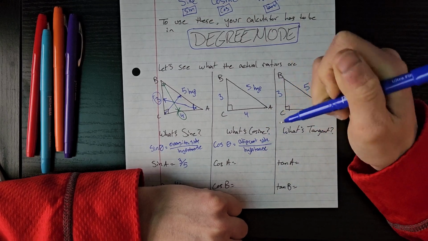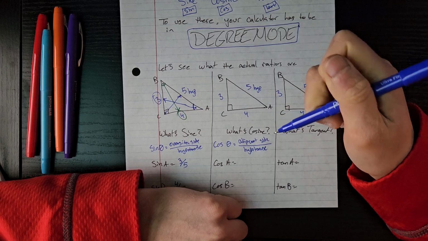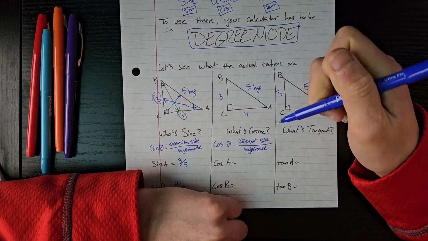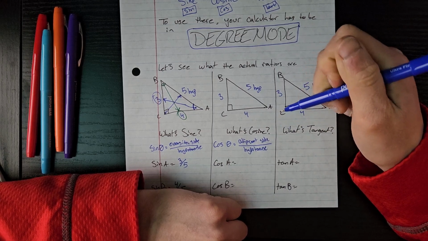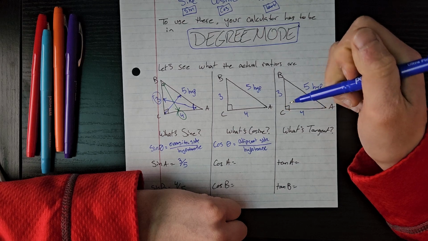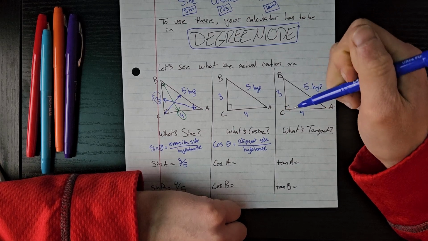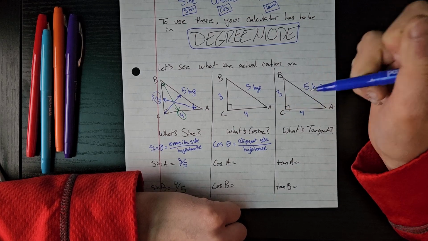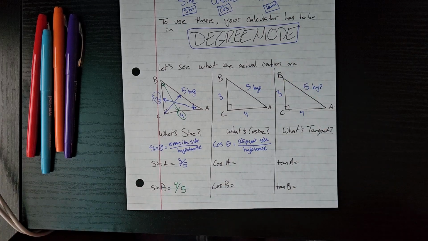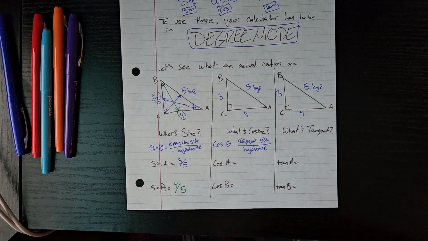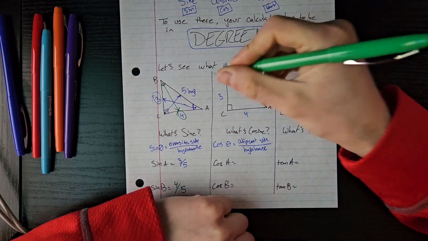The adjacent side cannot be the hypotenuse. They cannot be the same side length. If we already have a side labeled the hypotenuse, it will only be the hypotenuse. It will never be the adjacent side. Because remember, adjacent means right next to.